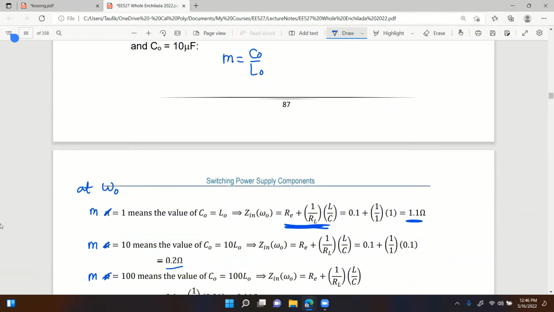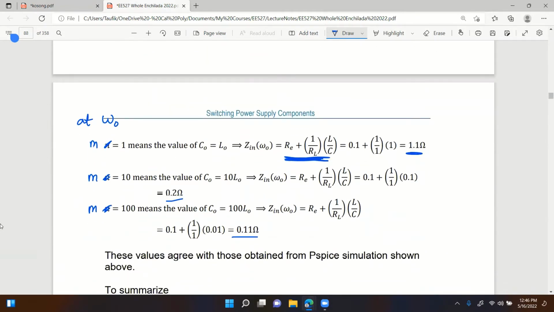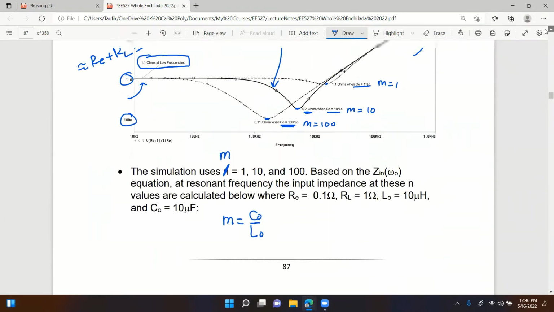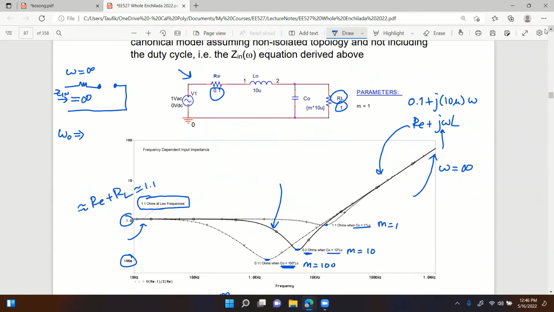I might. RE is 0.1. RL is 1. L of C is equal to 1. Is that why? It is true. It is right.